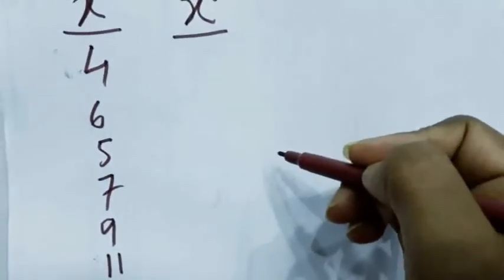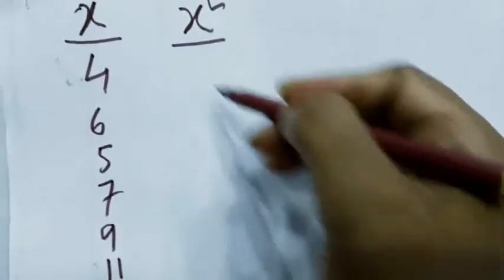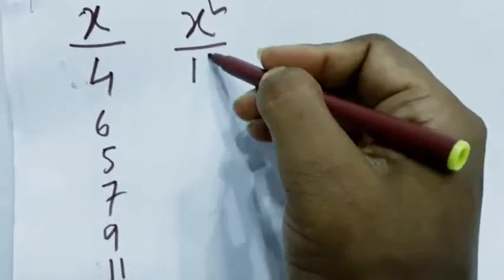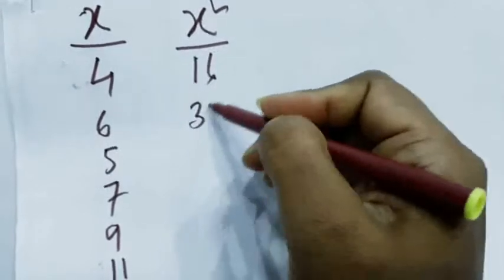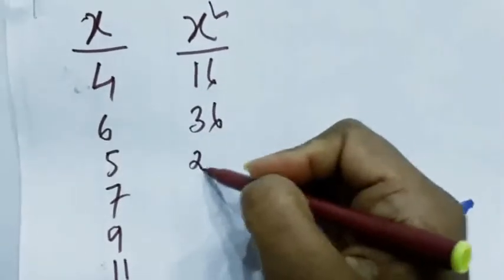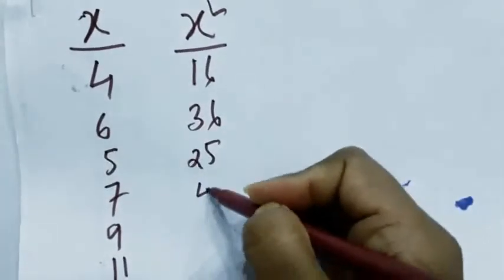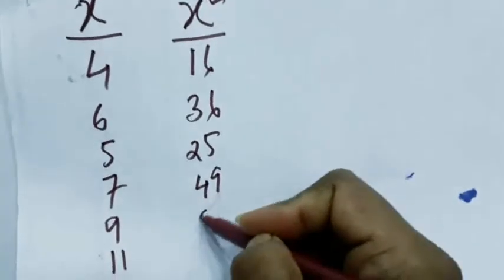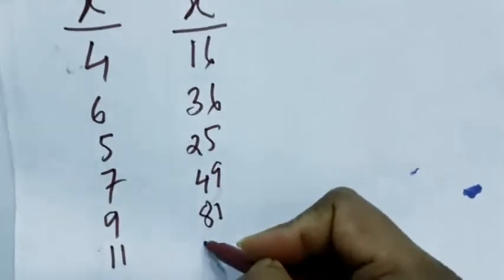The data size is small, so we can directly square it: 16, 36, 25, 49, 81, 121.